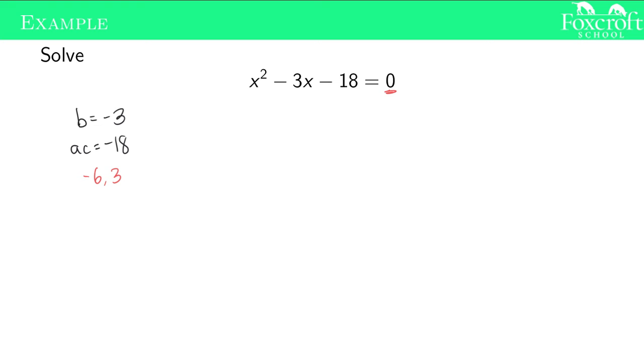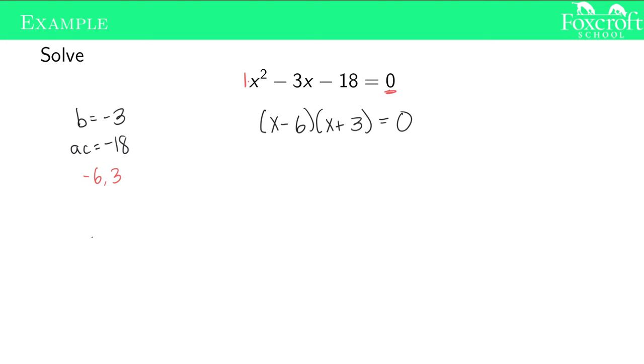In this specific problem, there is a 1 in front of x squared. There's no number in front of x squared, so we can use the shortcut method of factoring here and just go straight to the factored form. And we get the factored form of our quadratic.